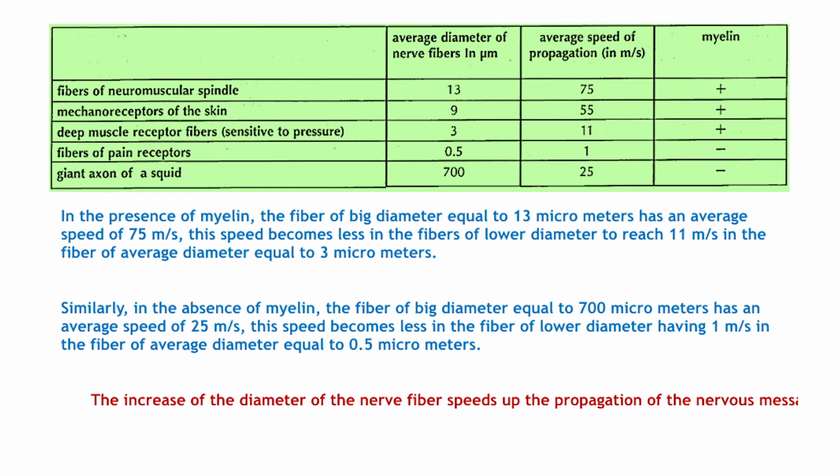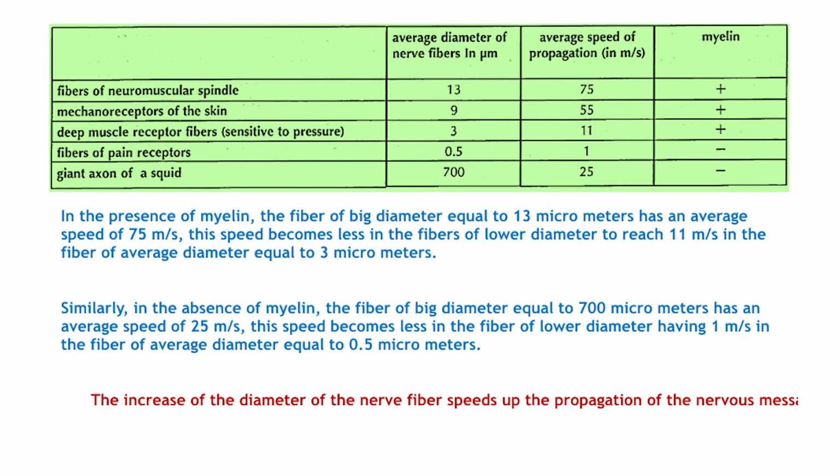This speed becomes less in the fibers of lower diameter, to reach 11 meters per second in the fiber of average diameter equal to 3 micrometers, as we see here. Similarly, in the absence of myelin, the fiber of big diameter equal to 700 micrometers has an average speed of 25 meters per second. This speed becomes less in the fiber of lower diameter, having 1 meter per second in the fiber of average diameter equal to 0.5 micrometer.